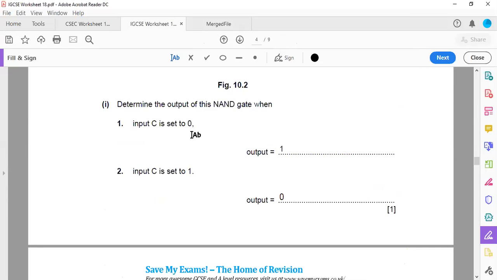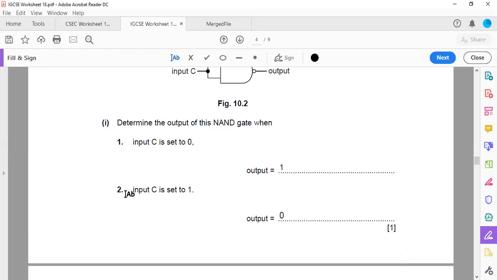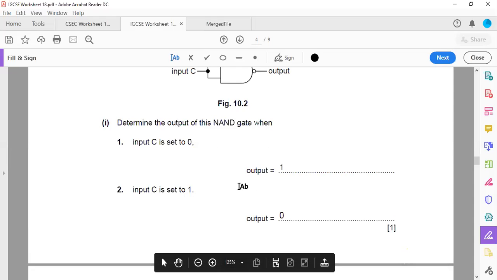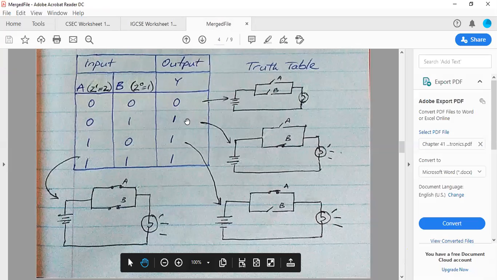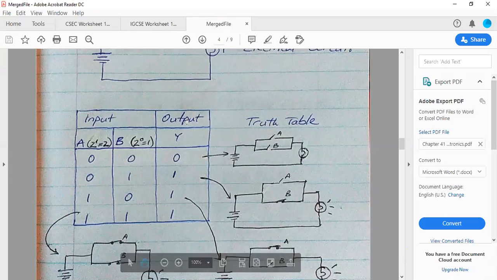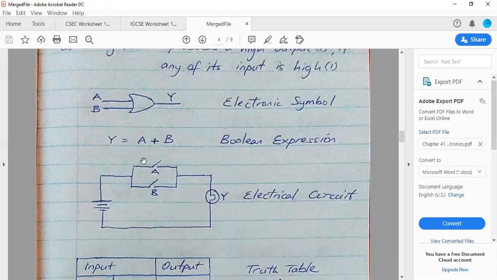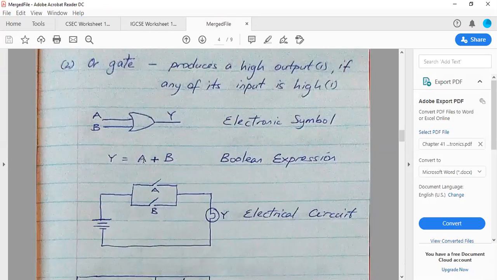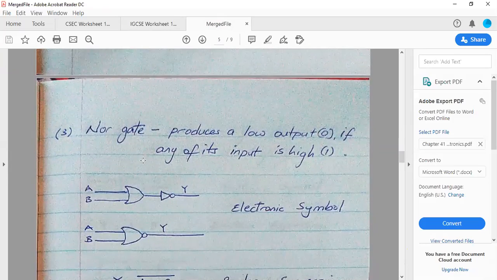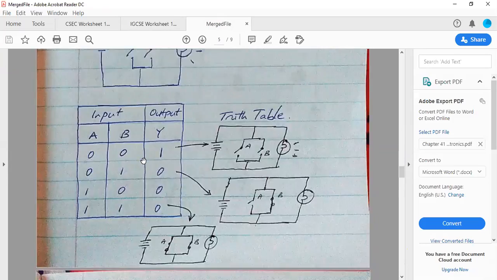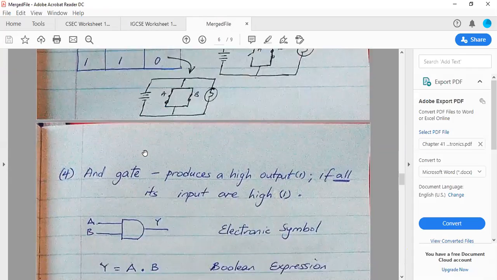So 10.2 we are saying is, when both of the inputs are 0, your output is going to be 1. When both of them are 1, your output is going to be 0. So we're going to look for a gate that gives a 1 when both inputs are 0, and a 0 when you have both ones.